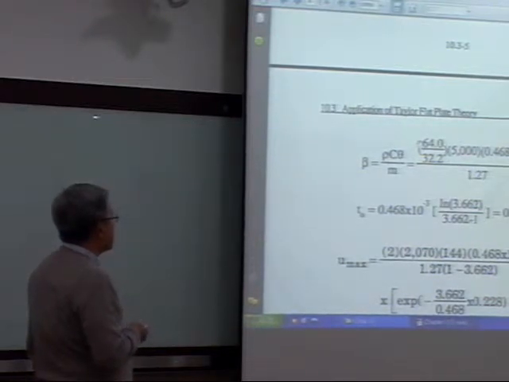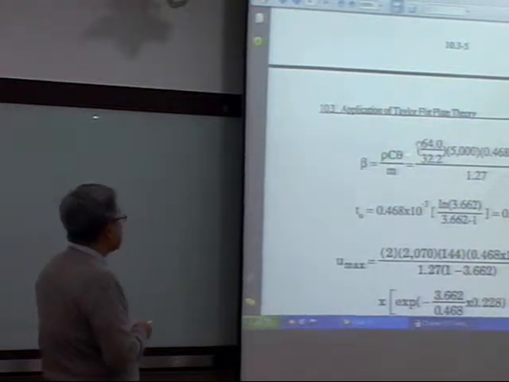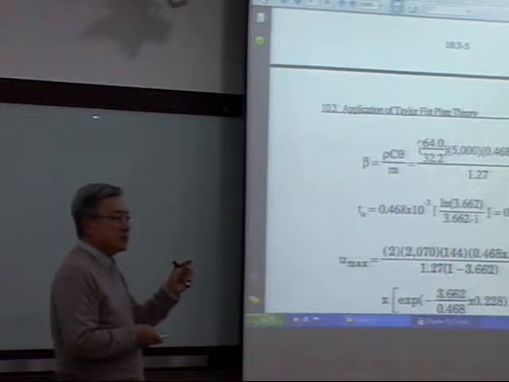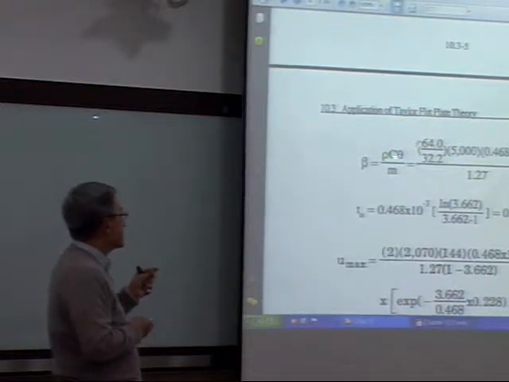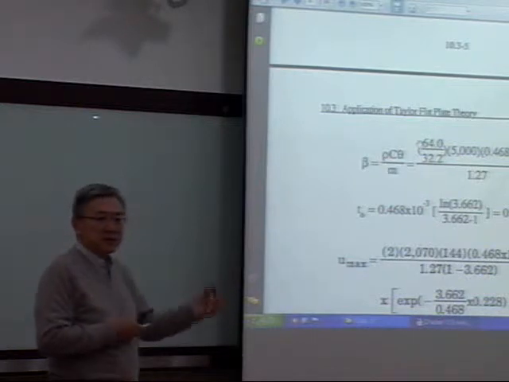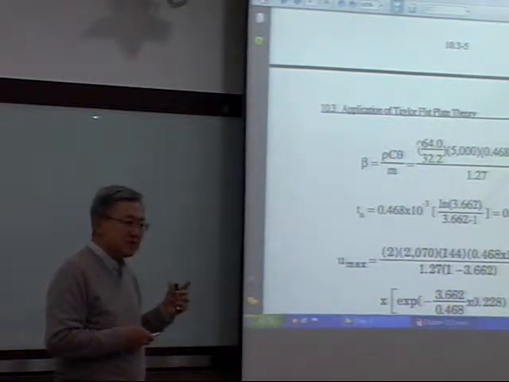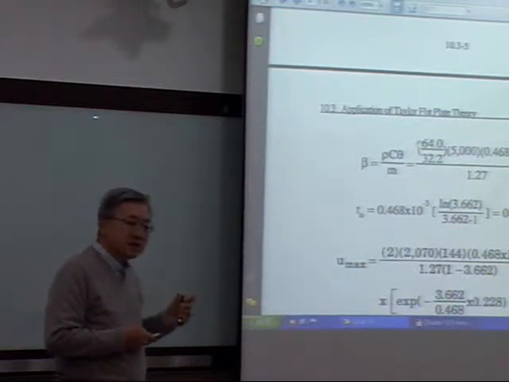This is theta. Theta is in milliseconds, which you compute up there. But the units over here have to be unified. Like you decide, I'm using, for example, pound, second, and feet.